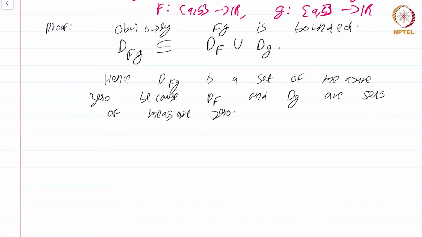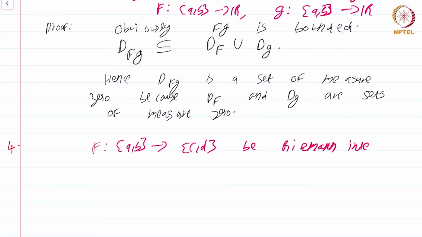Let's see the next corollary. The next corollary is somewhat involved. Let f from [a,b] to [c,d] be Riemann integrable, and phi from [c,d] to R be continuous.